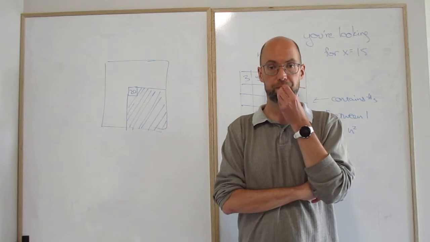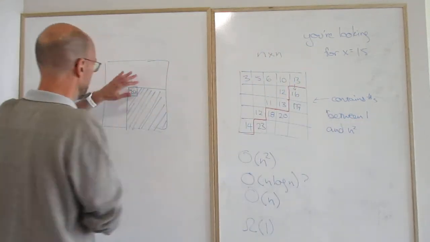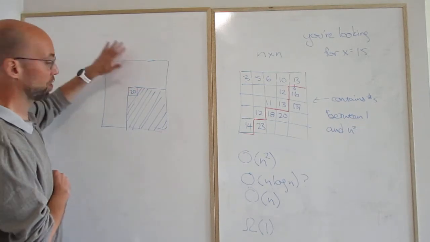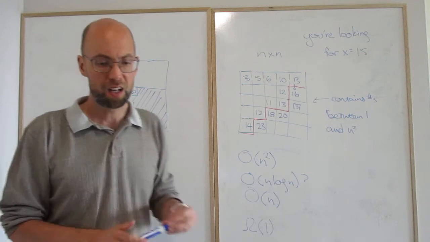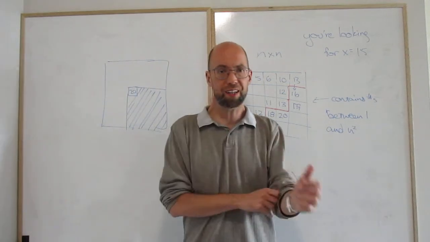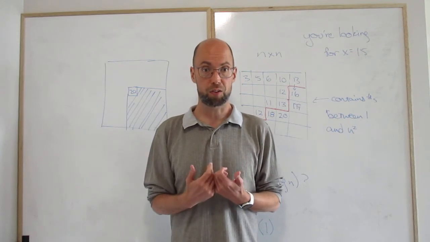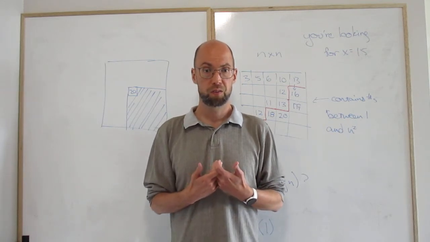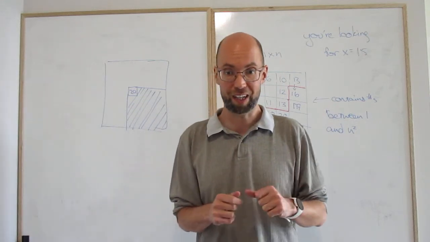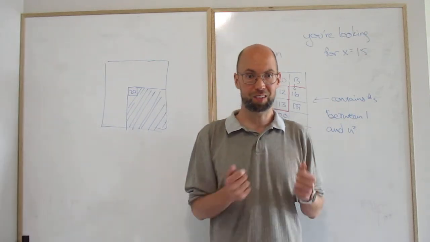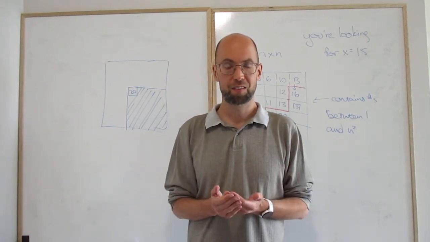On the other hand, if this is 10, then you've wiped out the top left quadrant instead of the bottom right quadrant. So it feels like you could get a two-dimensional kind of binary search, right? I could click this button that says poll and ask people if they think this sounds plausible. Yes, it totally makes sense.